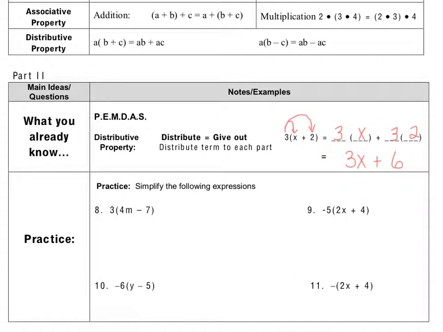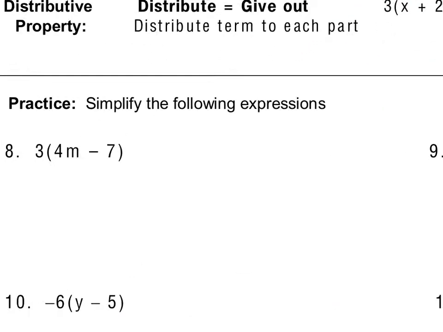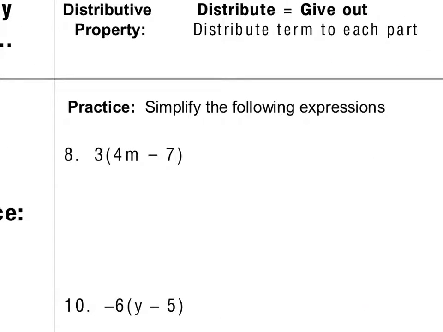We're going to go ahead and do number 8 together. It's going to be the same process. Draw your double arrows. And then 3 times 4m is 12m. And 3 times -7, because remember that term has the sign that goes with it, is -21.